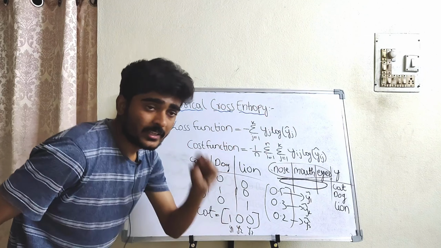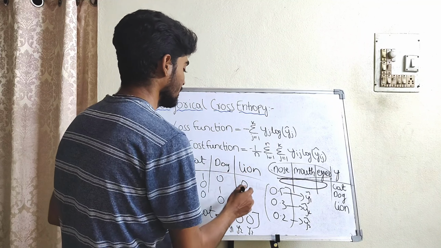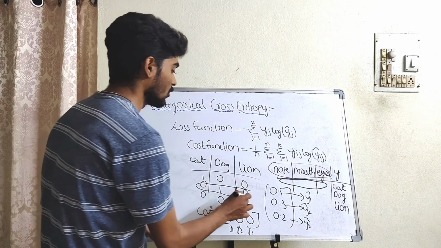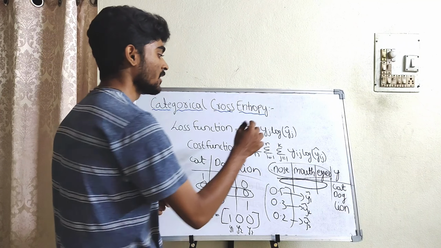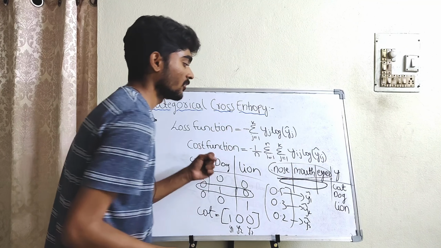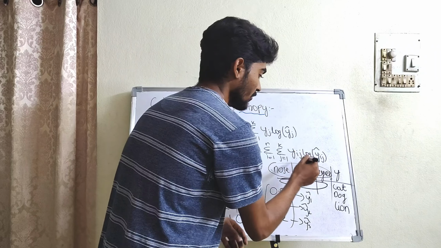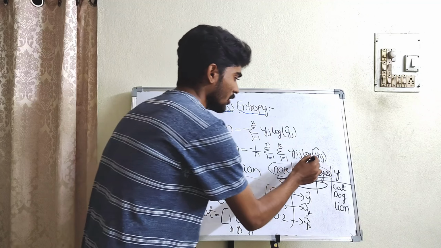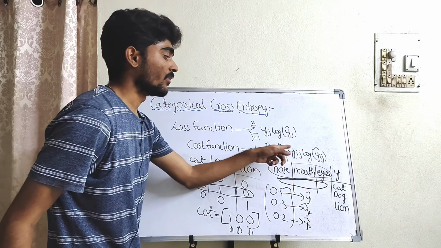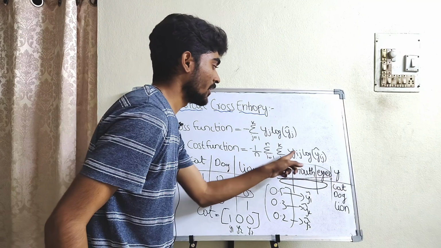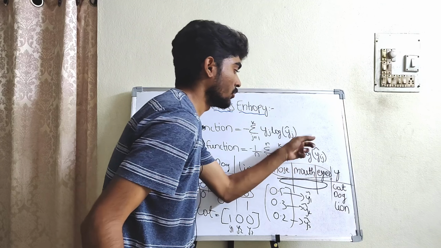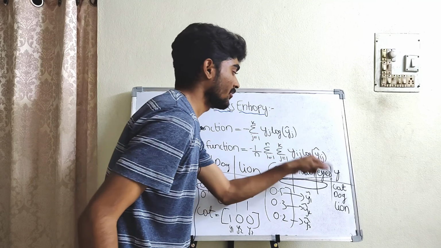Now for the second training sample, this is your corresponding true output. The loss of the second training sample is minus y21 log y21 hat, minus y22 log y22 hat, and minus y23 log y23 hat.